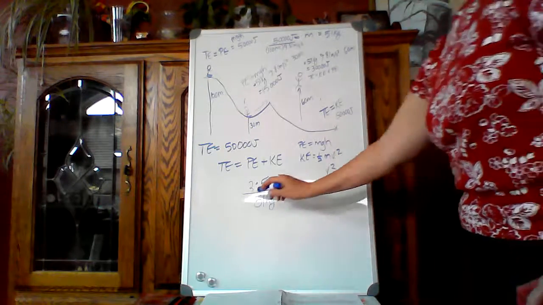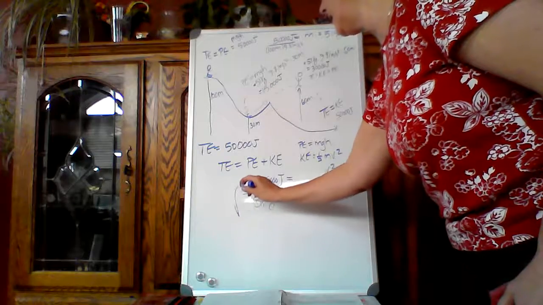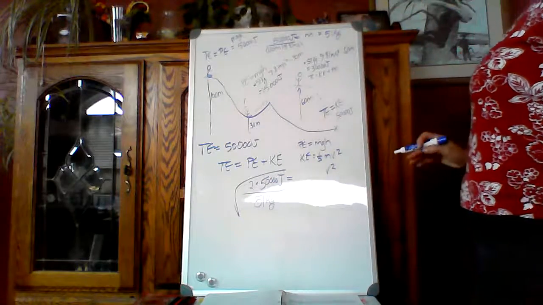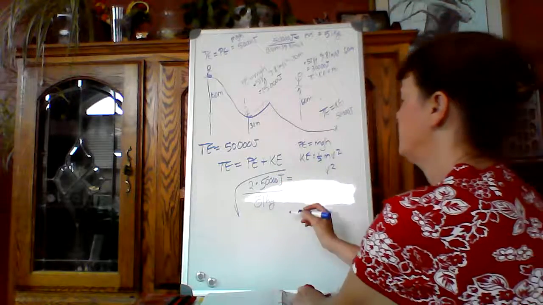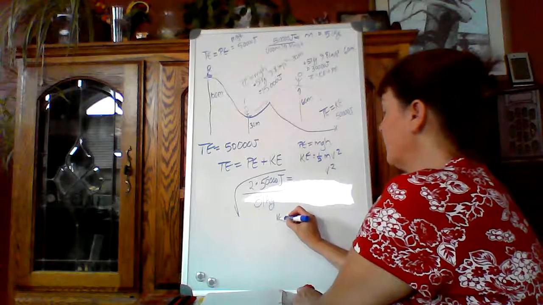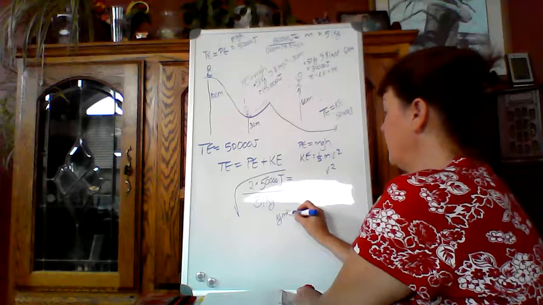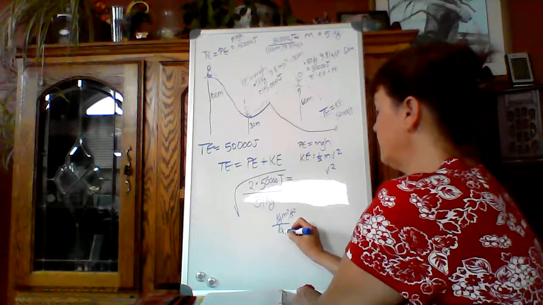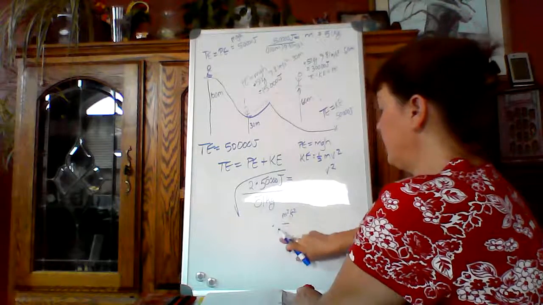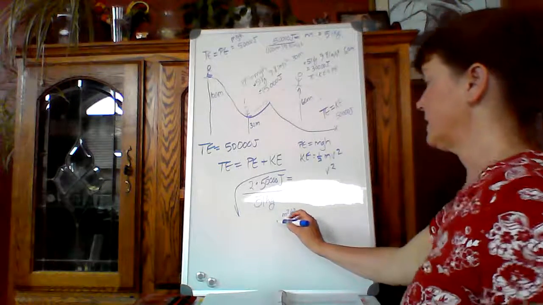So in order to find the actual velocity, we then need to take the square root of all of that. And looking at the units, we would see that the joules are kilogram meter squared per second squared divided by kilograms, which means that we would be left with meters squared per second squared.